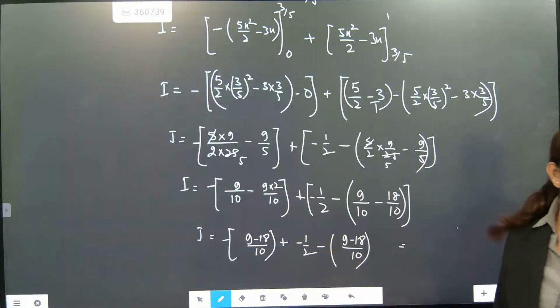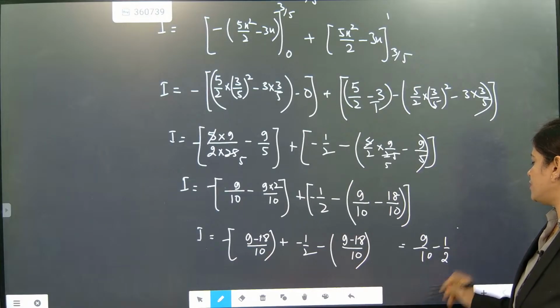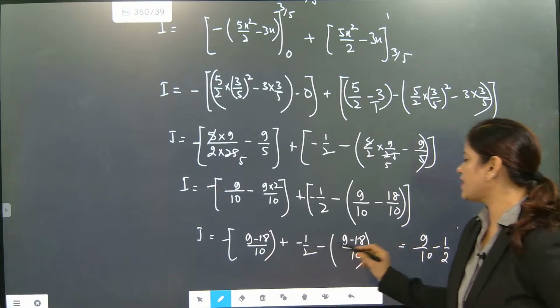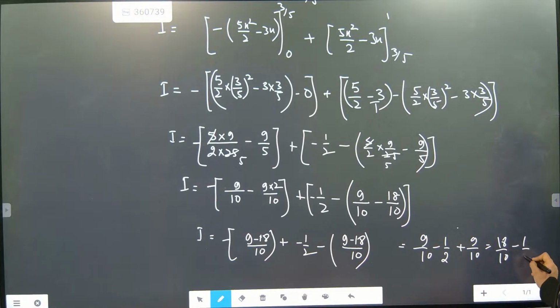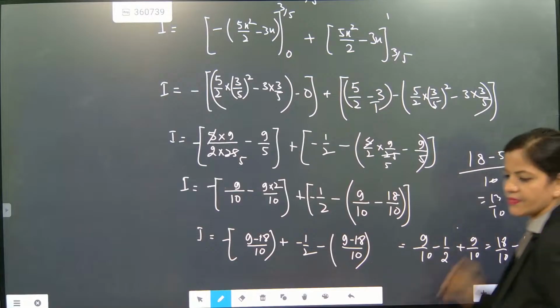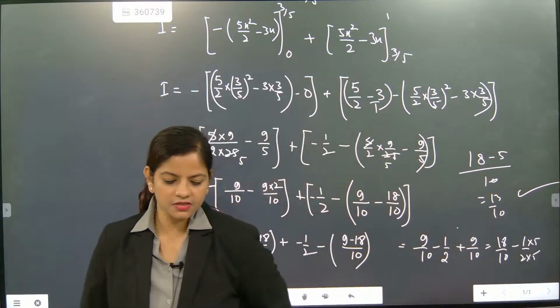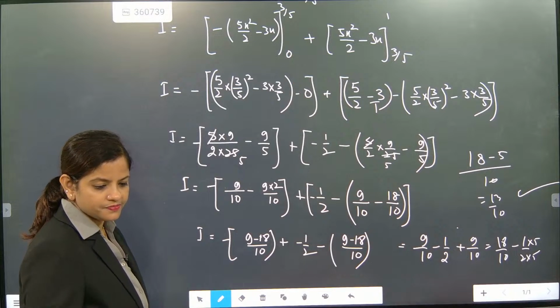So minus into minus will become plus 9 by 10 minus 1 by 10. You multiply here and then minus, again minus plus 9 by 10. So it will come 18 by 10 minus 1 by 2. Multiply it with 5, shortest. So 18 minus 5 by 10. That is 13 by 10. And that's what I was asking. Yes, Krishnika, I hope you have understood how to solve this question.